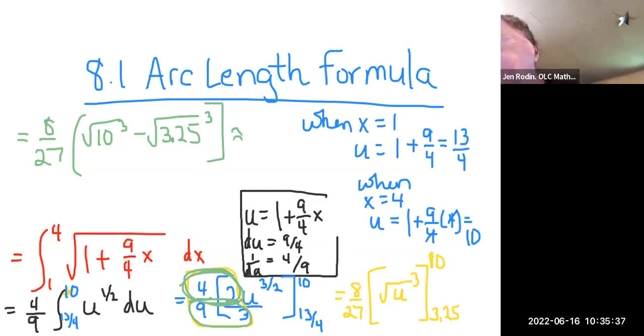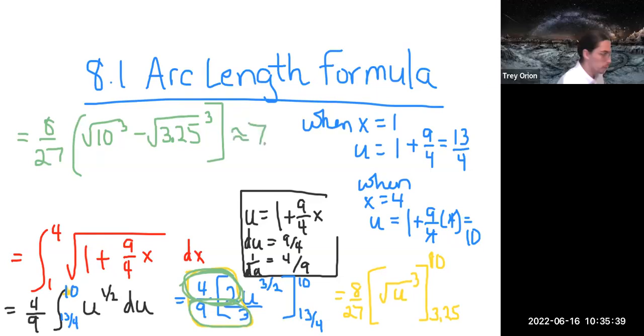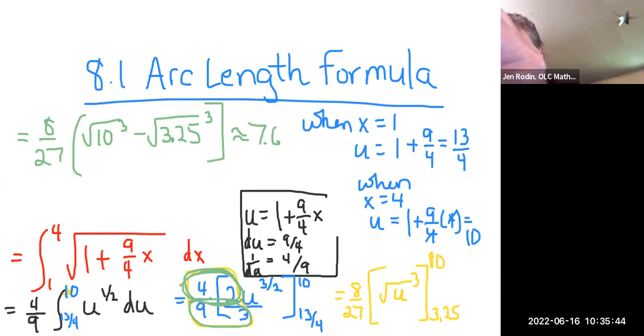See if you get this 7.26. Well, you're close, but let me make sure mine's right too. I got 7.634, but that could be from rounding too. It should be about 7.633705.